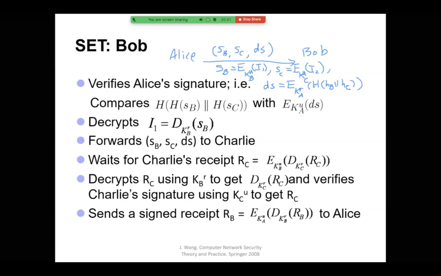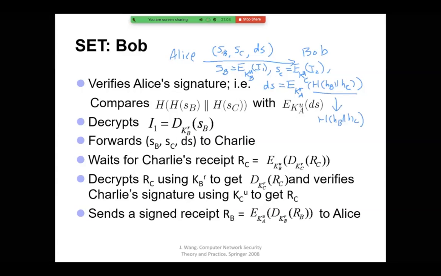Bob will first verify Alice's signature using Alice's public key. Then Bob can get H of HB, HC.